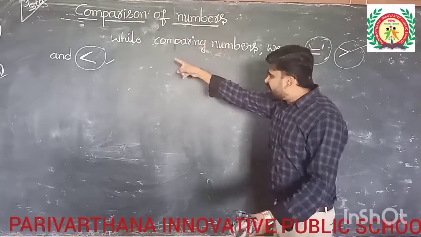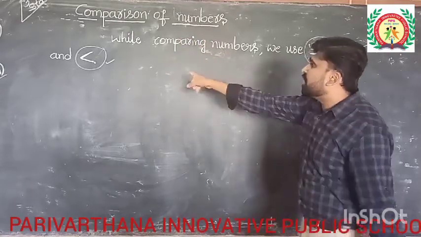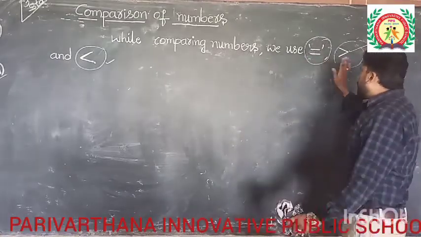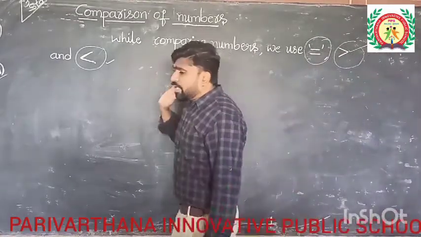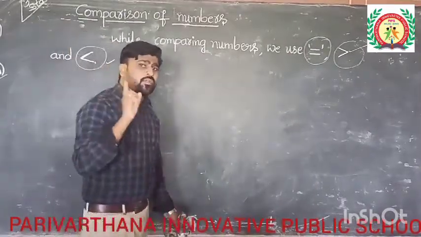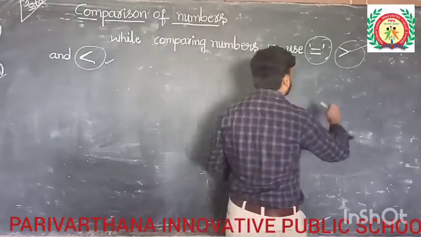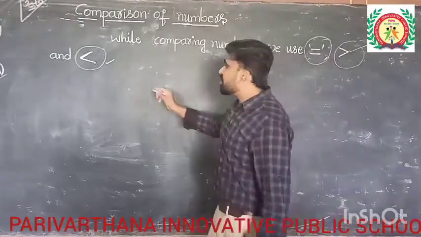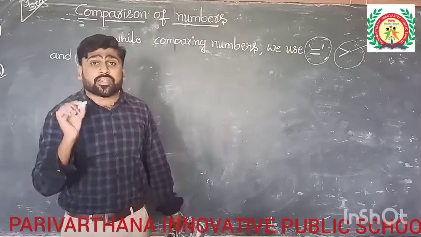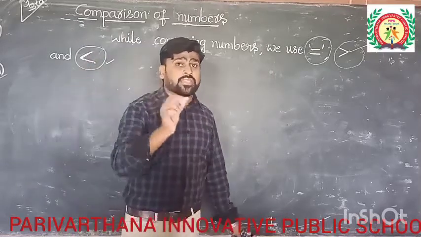Below it, write one sentence: while comparing the numbers, we use equals, greater than and less than. This symbol is greater than. Now this is less than.